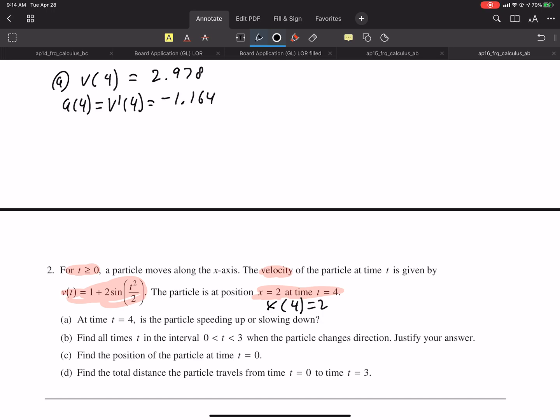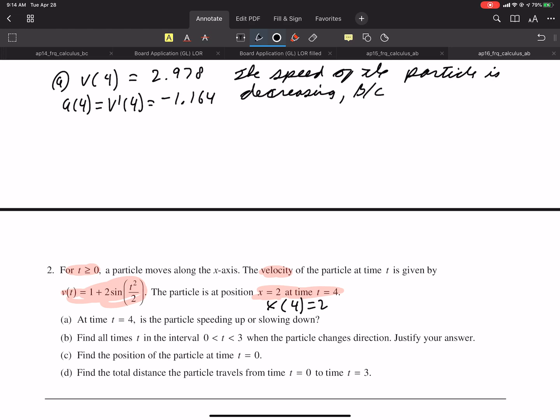So I would conclude the speed of the particle is decreasing. Why?